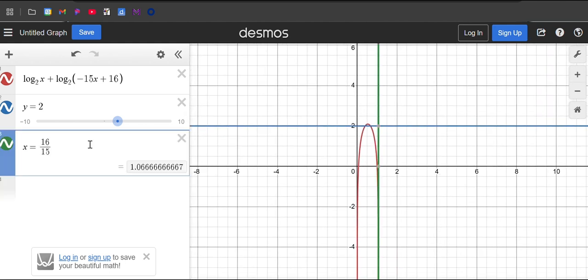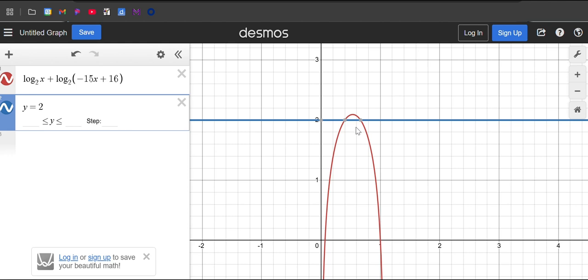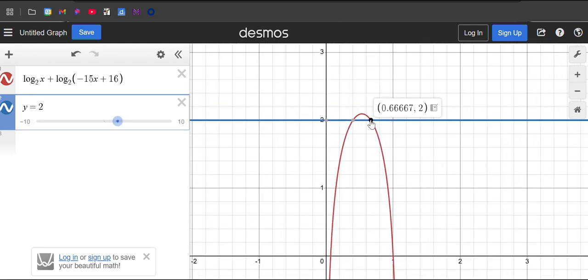In fact, if I drop a vertical line at x equals 16/15, I can see that this is asymptotically approaching it from the left. Our two answers can be seen, number 1 as being less than 16/15, and number 2 as being these two values, 2/3 and 2/5.